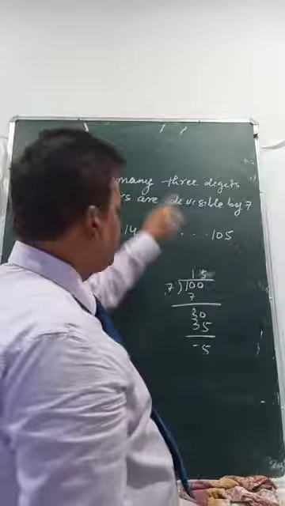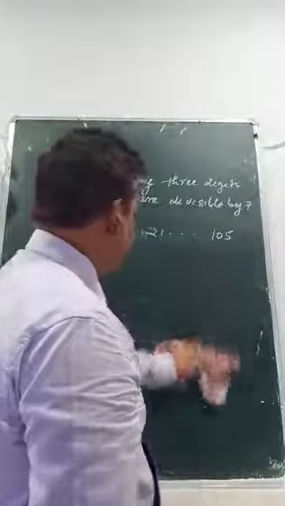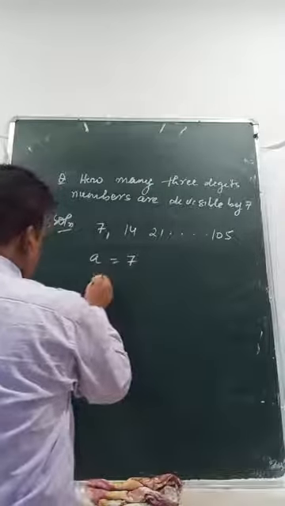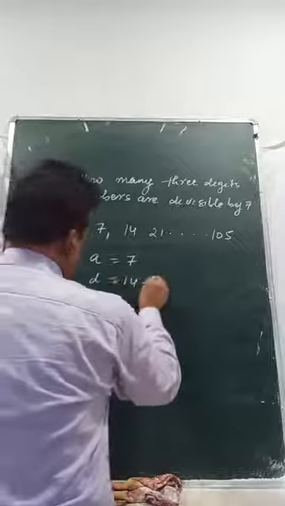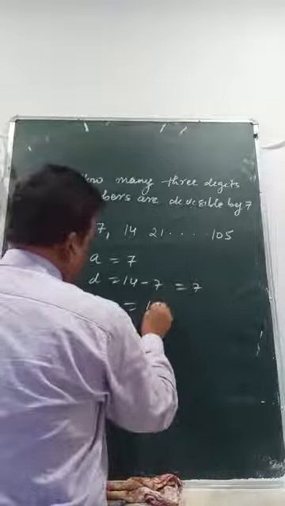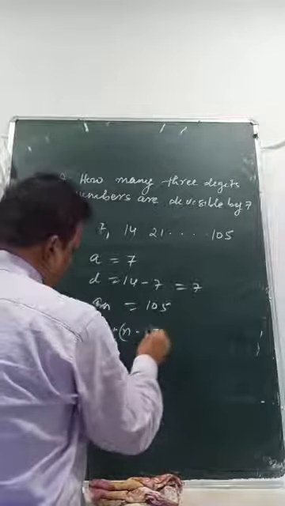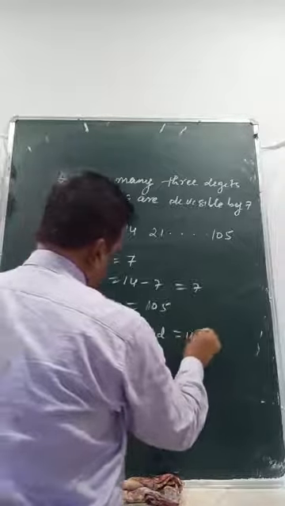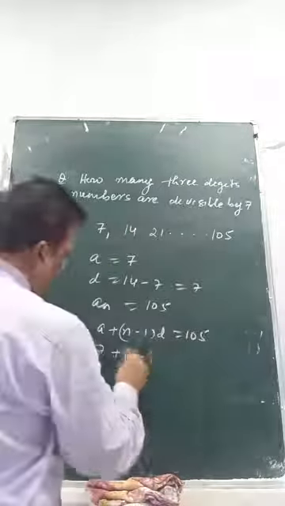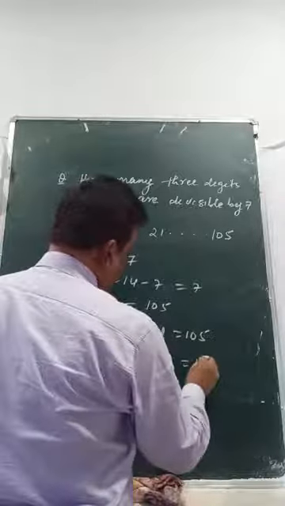So how many terms, that is N, you have to find out. A equals 7, D equals 14 minus 7, that is 7, last term equals 105. A plus N minus 1 into D equals 105, so 7 plus N minus 1 into 7 is 105.